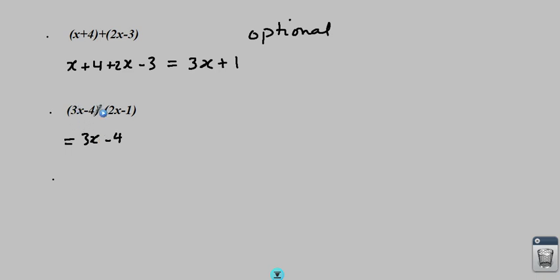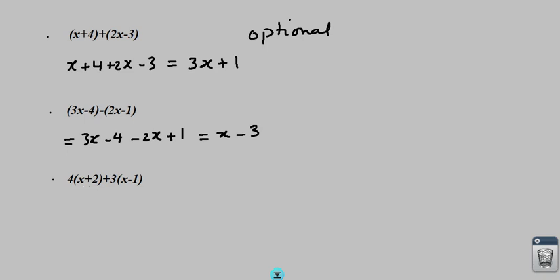Obviously, those brackets are optional, but because there's a minus before the bracket, it's minus 2x plus 1, because you're subtracting 2x minus 1, and when you subtract the negative, it becomes a plus. So this equals 3x minus 2x is x, negative 4 plus 1 is negative 3, so x minus 3.